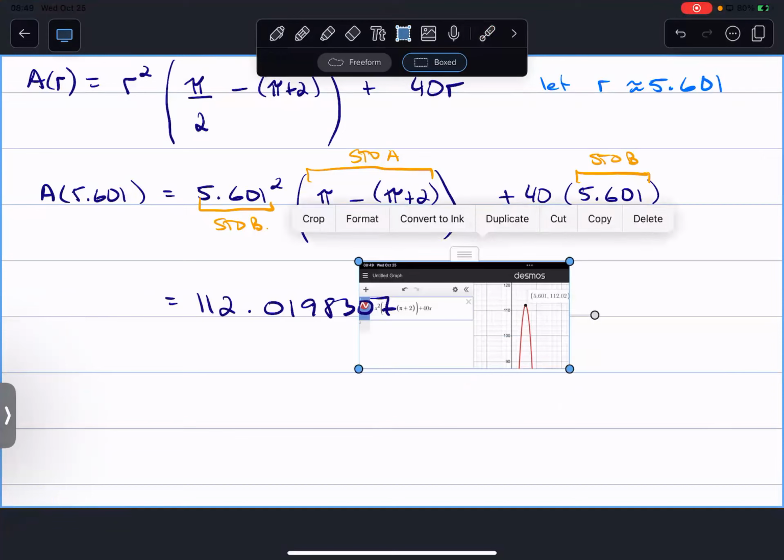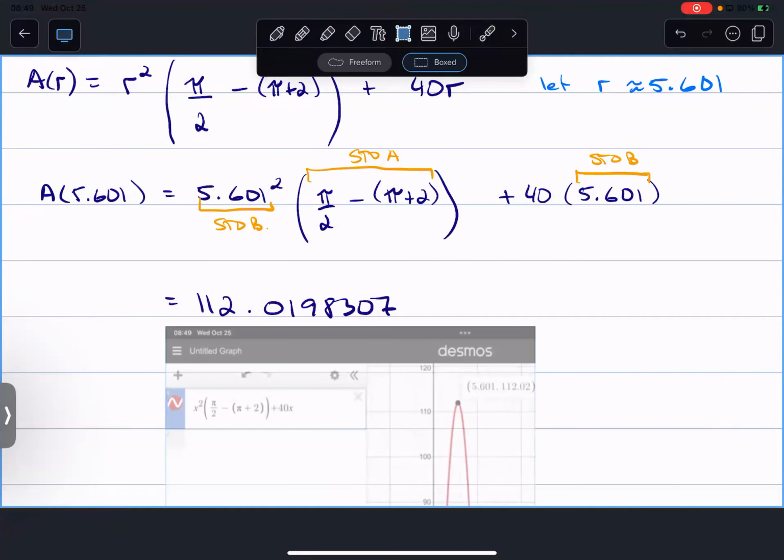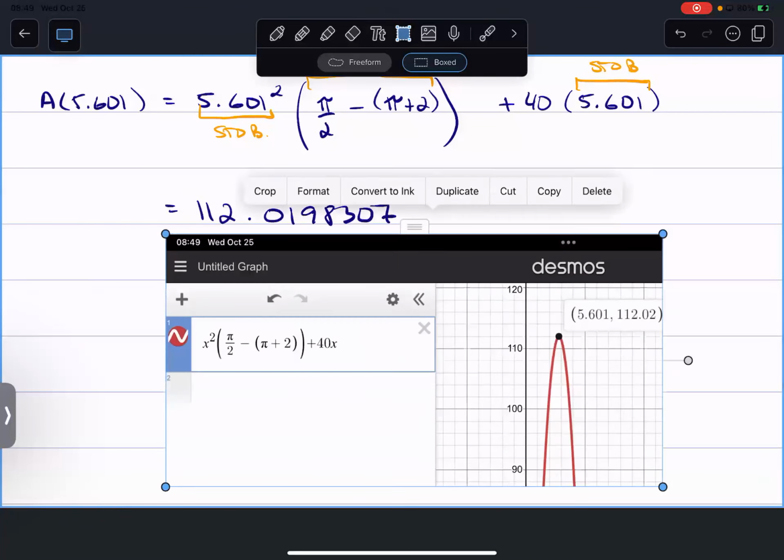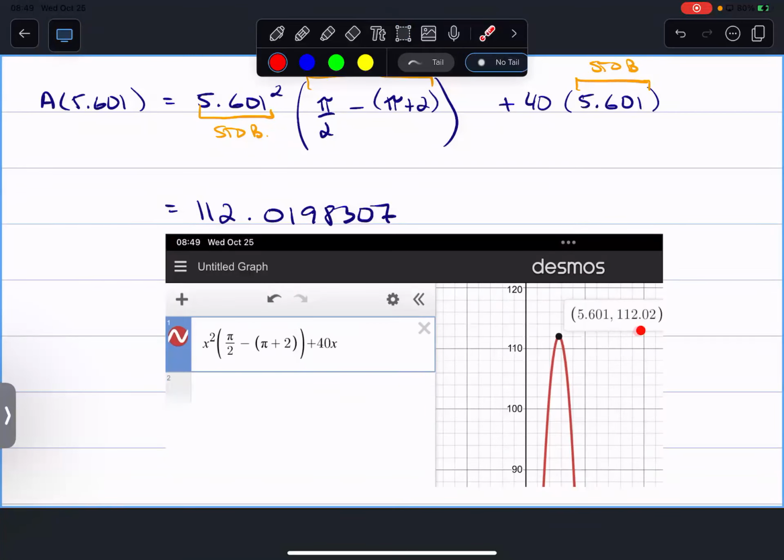Just what we want. So here it confirms that when x is 5.601, y is roughly 112.02, which is what we found, right? And so then the maximized area here is 112.02 when the radius of that half circle is 5.601.